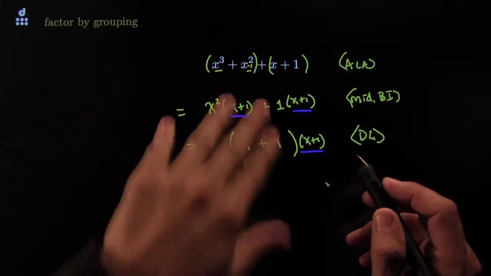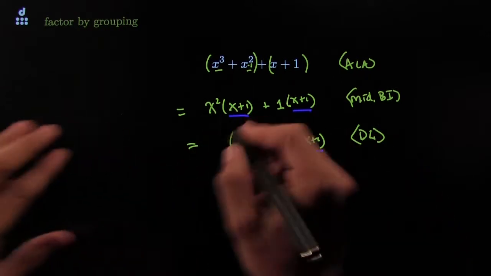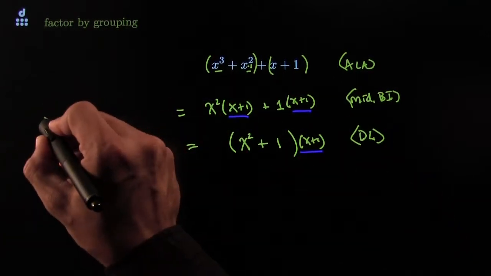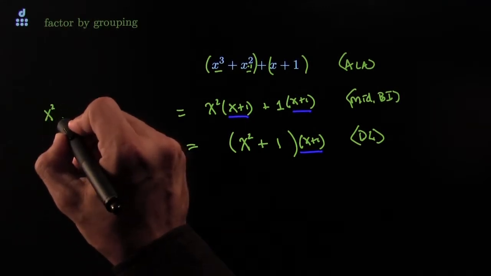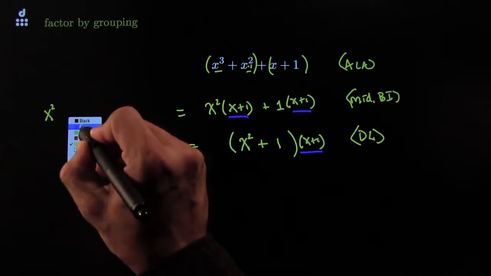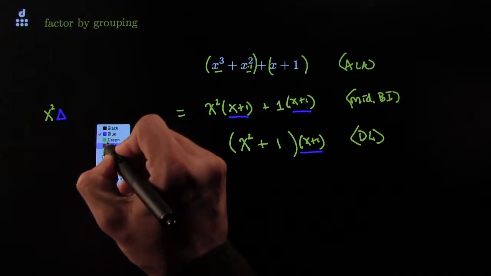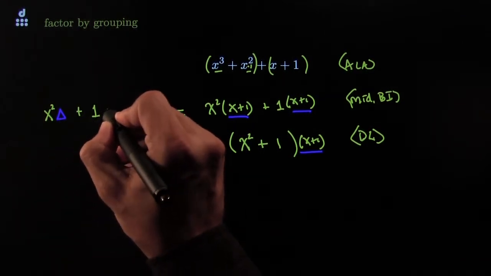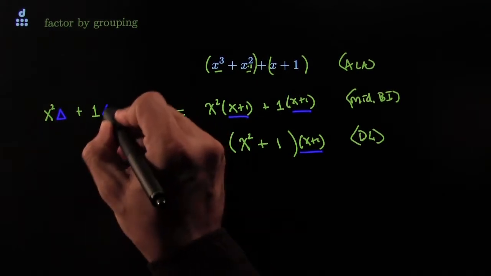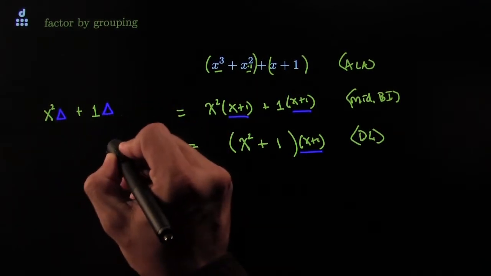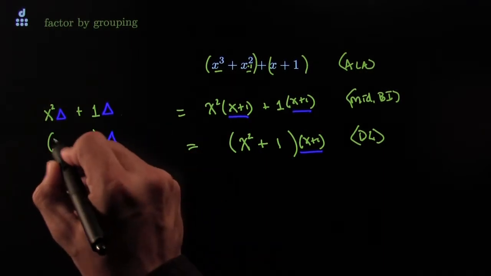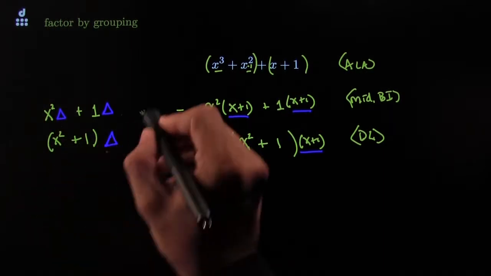Some people have trouble seeing this. Let me show you another way, just to make sure everybody gets it. If I had x squared times a triangle plus 1 times the triangle, I could factor out the triangle and say, well, it looks like someone distributed a triangle, and that would be triangle times x squared plus 1.